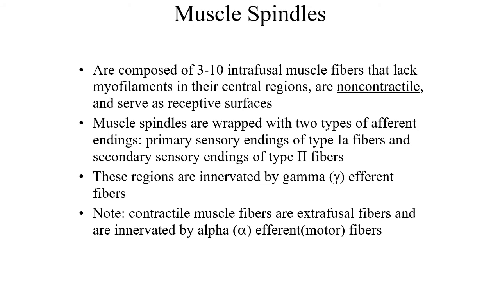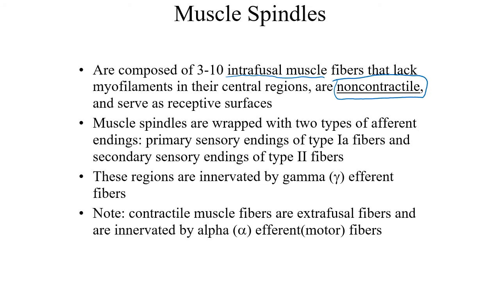So inside the muscle, we have only really talked about contractile muscle fibers. And so we've talked about the muscle fibers that are actually going to contract and do work. But we also have non-contractile fibers. And so we have muscle fibers that are not going to do any kind of contraction, and these are what we call intrafusal fibers. And so these intrafusal muscle fibers are going to be there as essentially receptors for information.